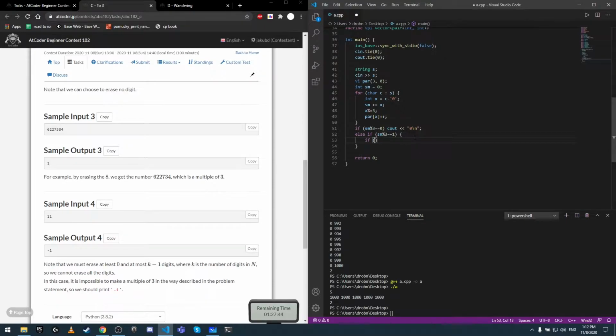So if parity of at 1, because we need it, is true, which means that it's over 0, then we do. If pair 1, if size of s does not equal 1, well, equals 1, then it can be done, because you can at most remove that.